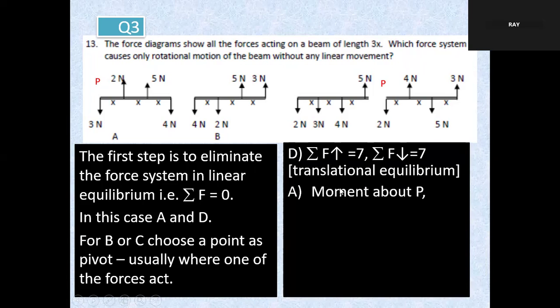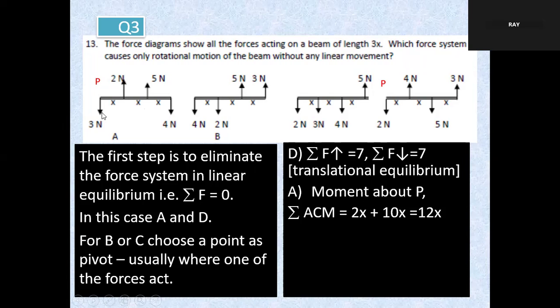Translational equilibrium, moment at P. For A, sum of clockwise moment. Usually the answer is A or B only. They won't force you, as I say, other boards may force you to work through all of them and then choose the answer.